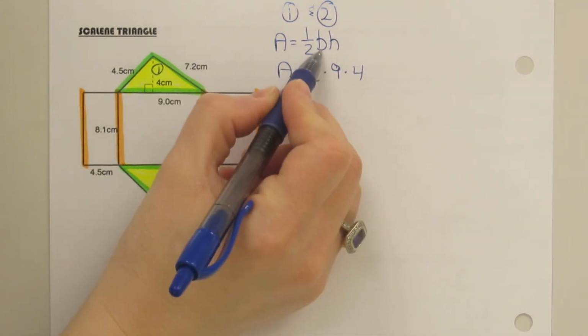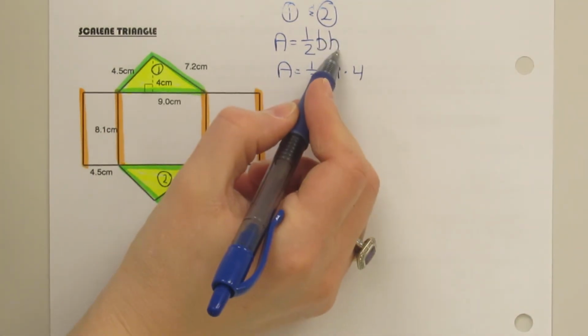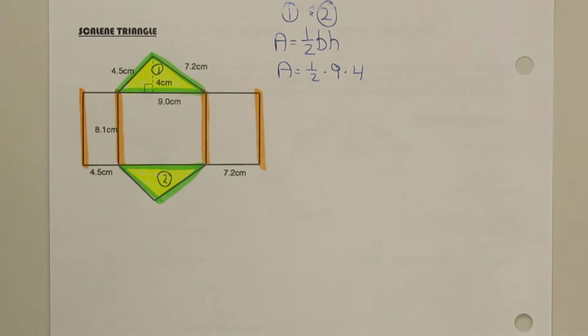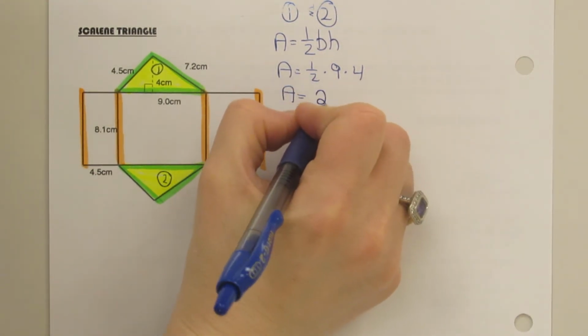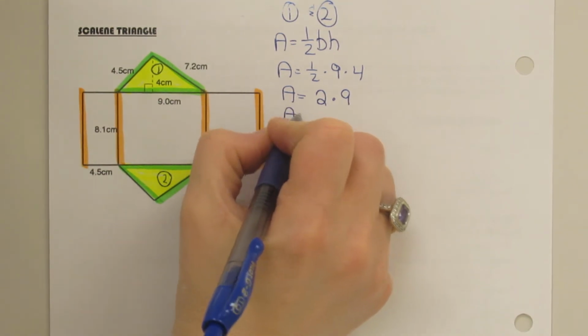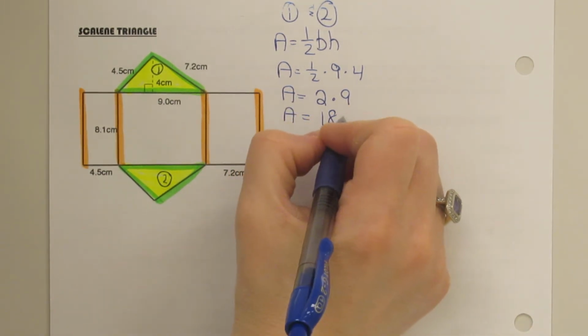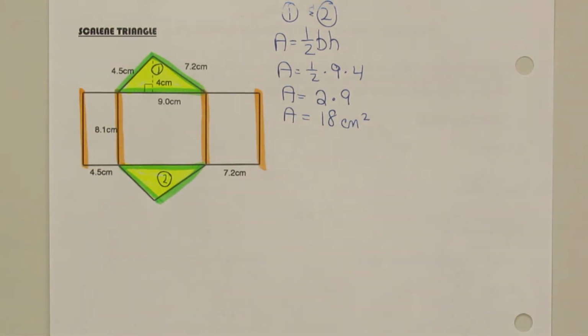Notice I used lowercase b for the base of the triangle, lowercase h for the height of the triangle, the uppercase letters meaning values for the whole prism. And 1/2 times 4 is easier, so I'm going to get 2 times 9. So the area of a triangle is 18 centimeters squared.